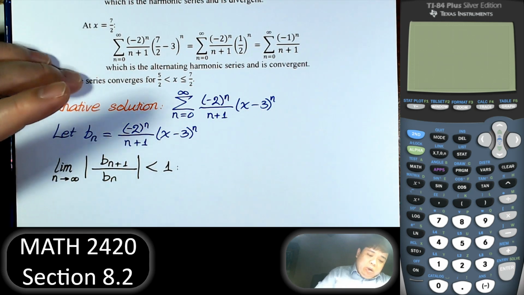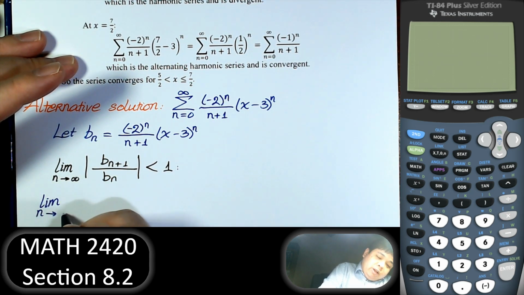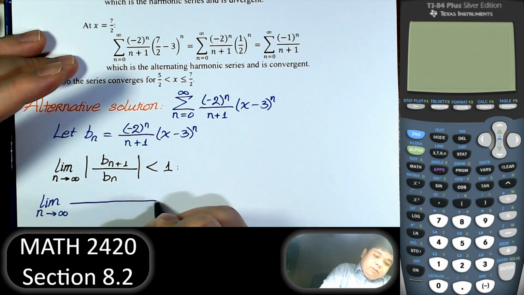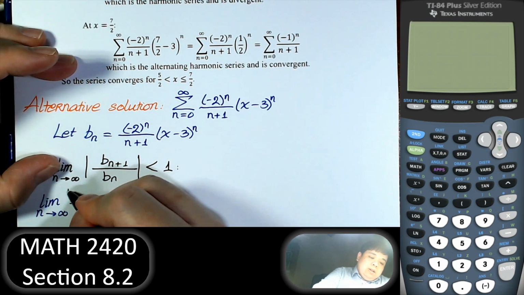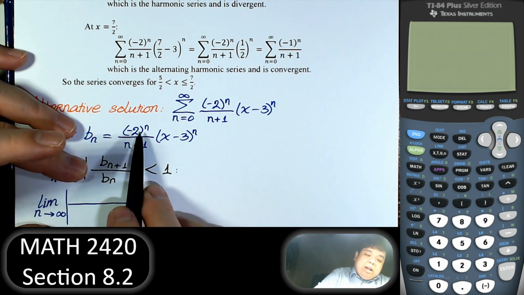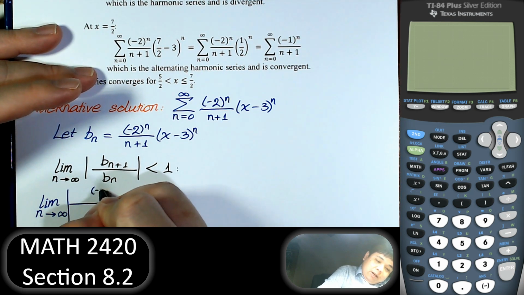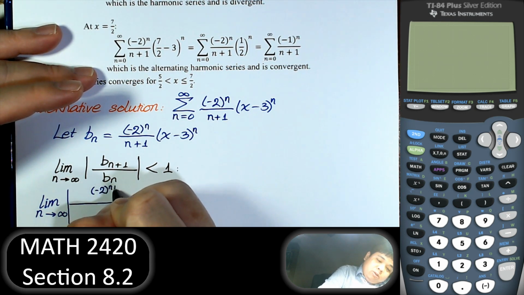Right, but this is what we have here. So the limit as n goes to infinity of b sub n plus 1. I'm going to put n plus 1 into here. Right, so negative 2 to the n plus 1.